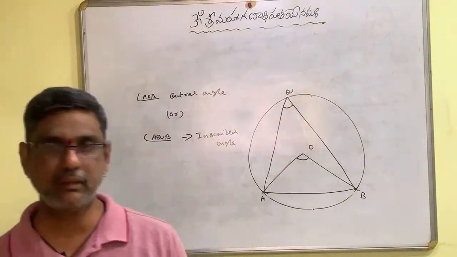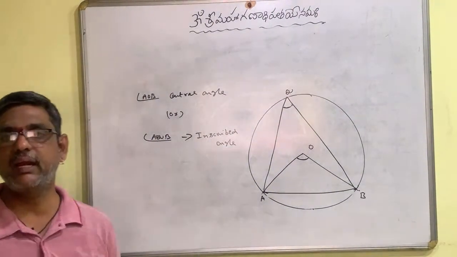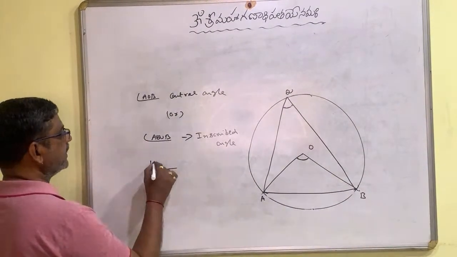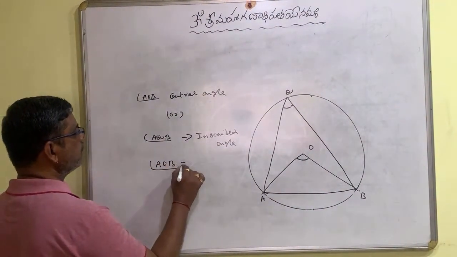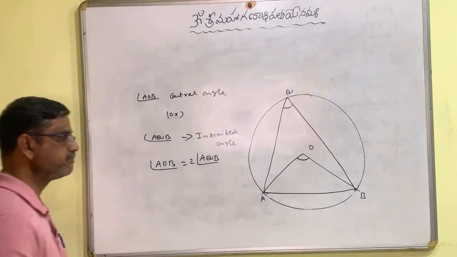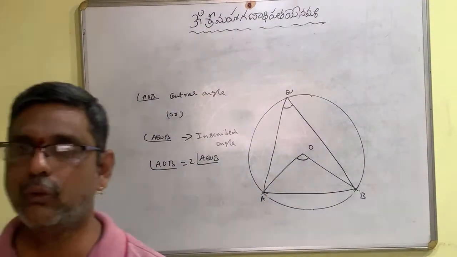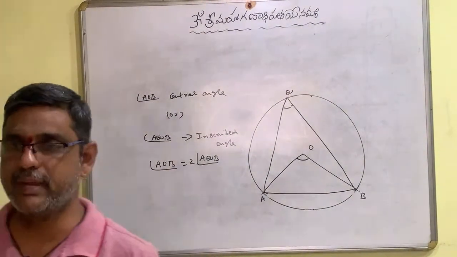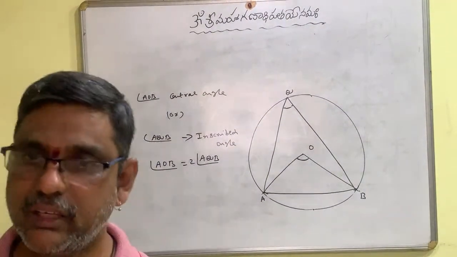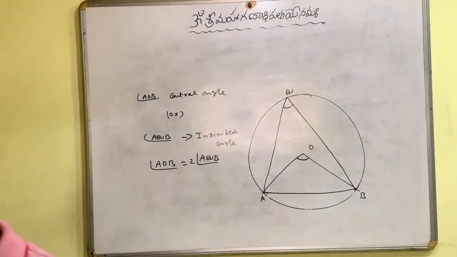Now, if the condition is like this, then there is a property that angle AOB is equal to 2 times angle AQB. Means central angle is equal to double the inscribed angle.